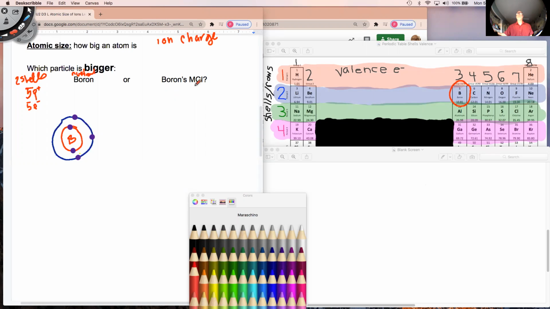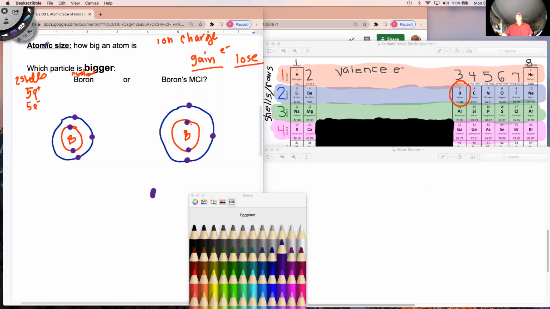We can determine the most common ion, or the MCI, by determining whether or not electrons are gained or lost. So do we gain or lose electrons? And if electrons are gained or lost, that is going to determine what the charge is going to be. So let me draw this one up for you. This is boron, and this is the same boron. Don't let the size fool you. I just don't draw very well.